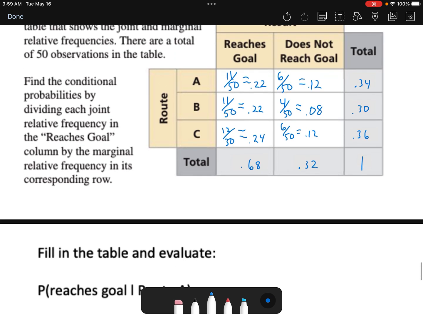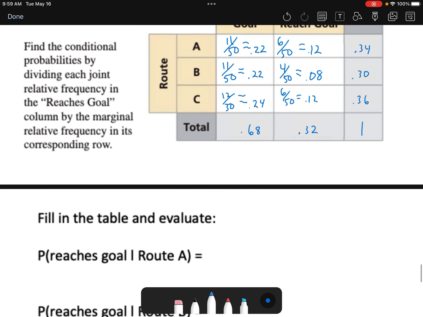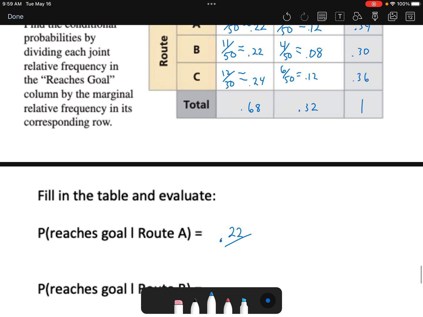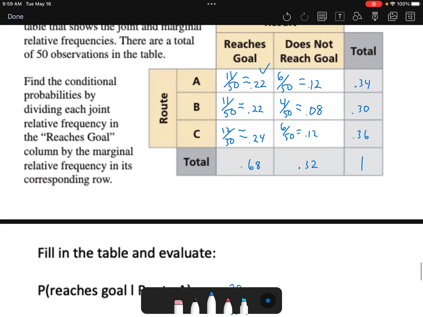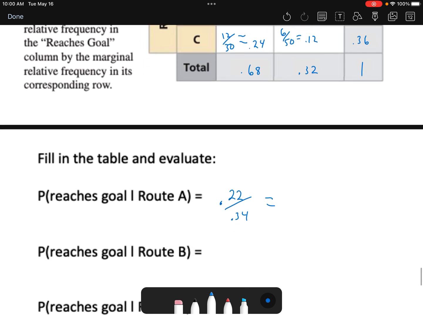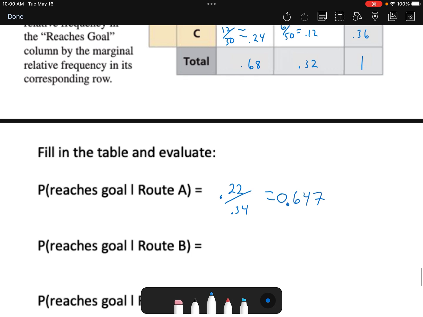And now from this, we can answer the probability questions, which are, what's the probability we reach goal on Route A? If you said 0.22 divided by 0.34, you would be correct, because we reach goal here and we have a total 34% of the time we ran A. So that would be about 0.647, 64% of the time we would make it.